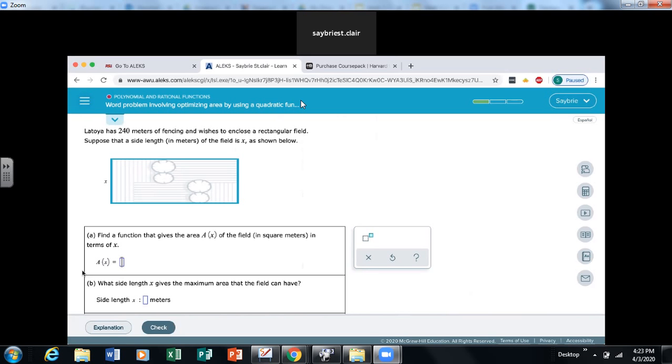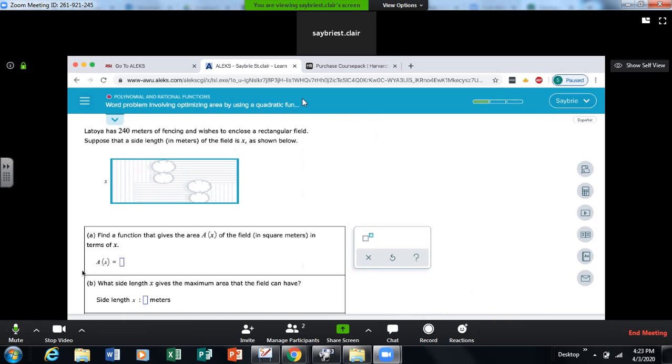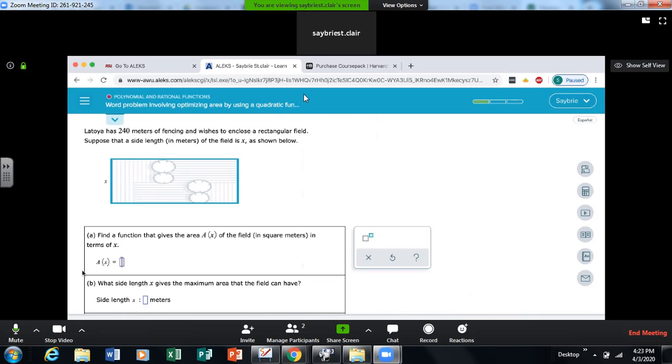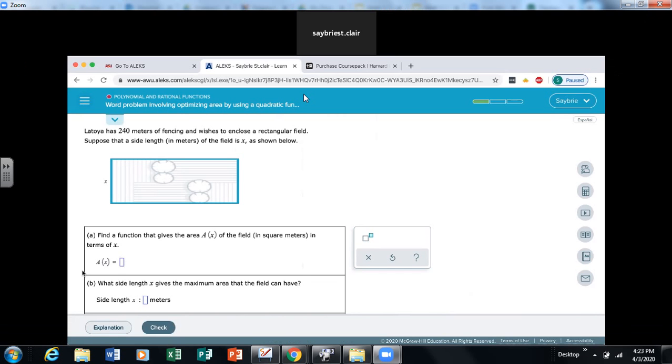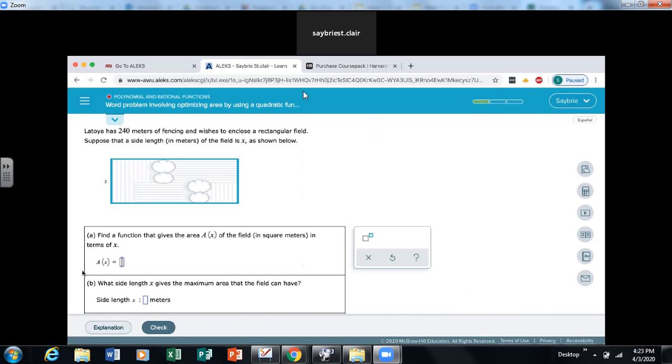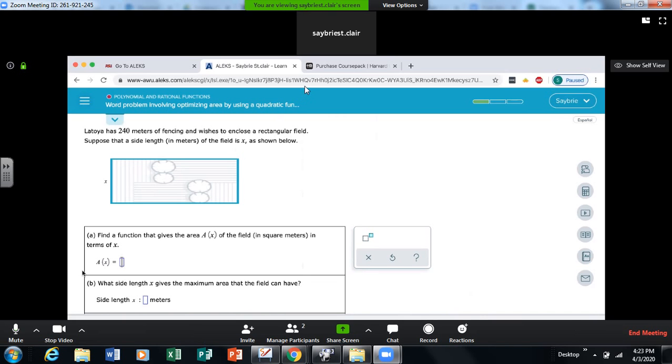So I'm going to take that top equation and solve it for y. I'm going to take away 2x. That gives me 2y equals negative 2x plus 240. I'm going to divide everything by 2, and that gives me y equals negative x plus 120. I'm going to plug negative x plus 120 into y, and that gives me x times negative x plus 120.